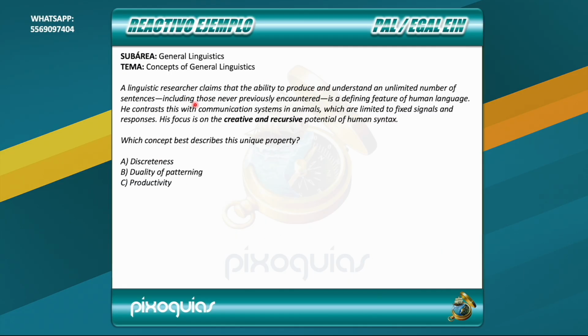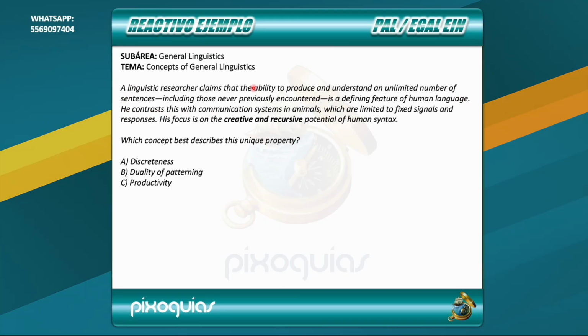This exercise is about general linguistics with the topic Concepts of General Linguistics. A linguistic researcher claims that the ability to produce and understand an unlimited number of sentences, including those never previously encountered, is a defining feature of human language.